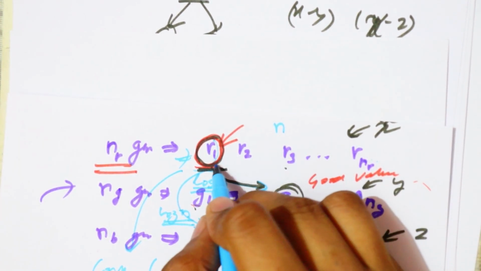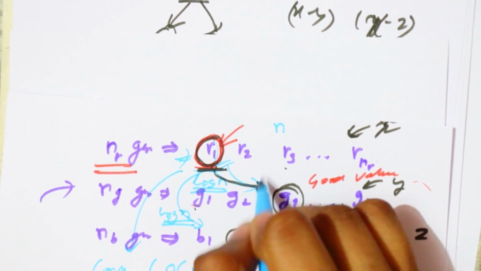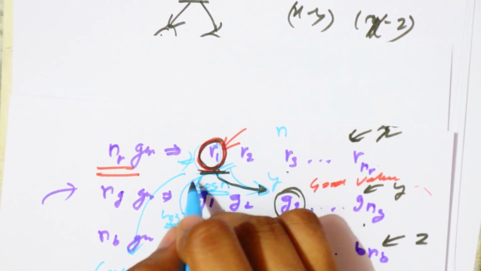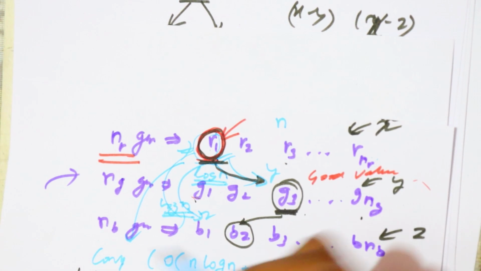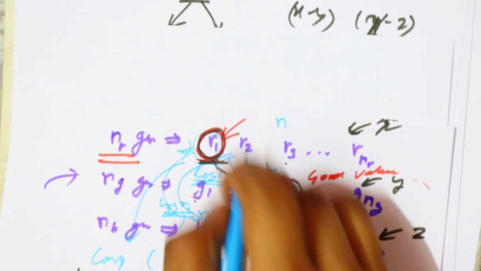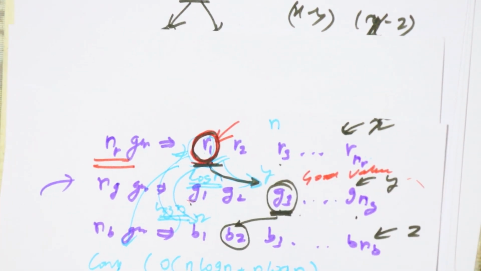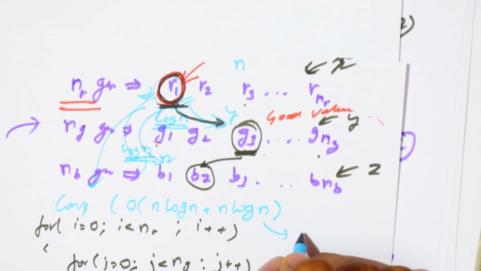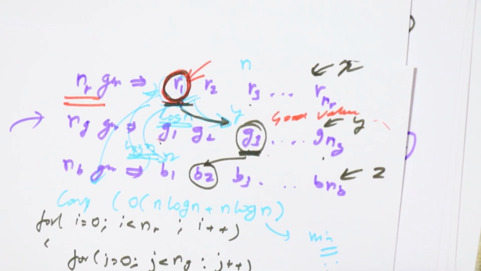I will have an x, I will choose an element y for it, and I will have an x and I will choose an element z for it. After choosing those elements x, y and z, I will see my equation and I will choose the minimum value which I am having.